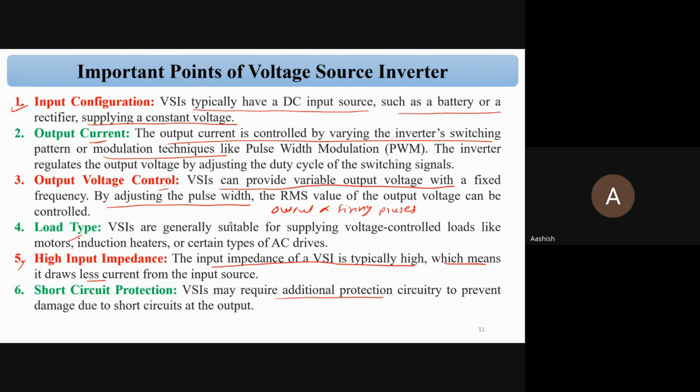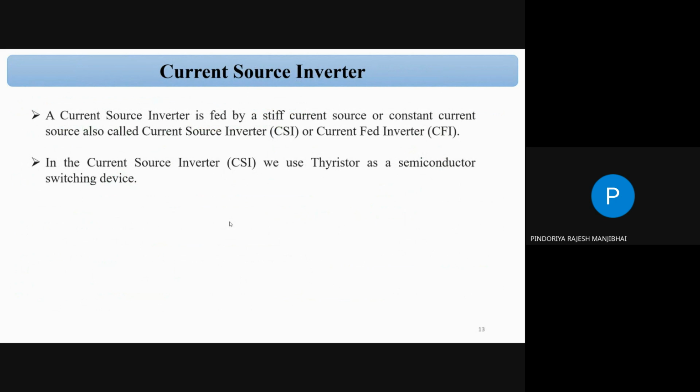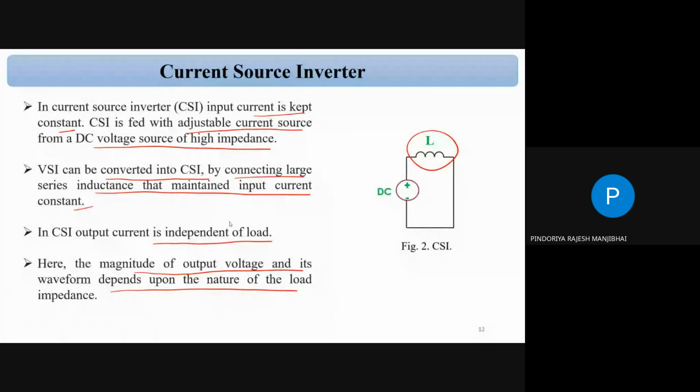Sir, then can we draw the equivalent circuit of VSI? Equivalent circuit of VSI, I don't remember now how we can show it. Here is the circuit for CSI. Yeah.